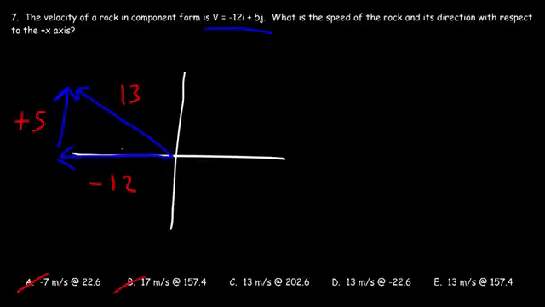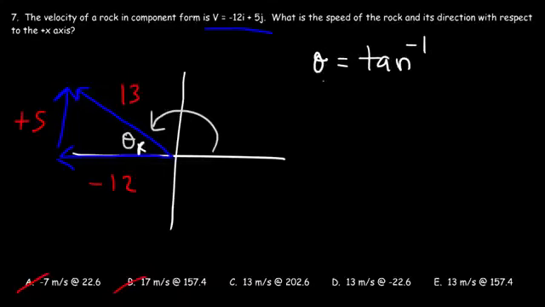First, we need to calculate the reference angle, but our goal is to find the direction with respect to the positive x-axis. So this is the angle we need to find. The reference angle is arctangent of Vy divided by Vx.